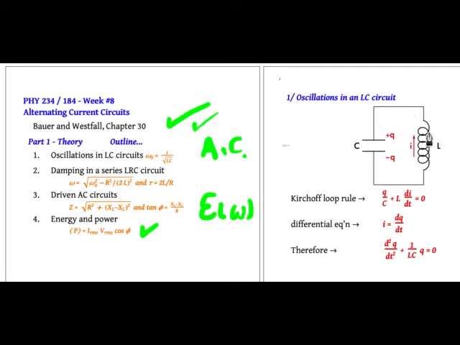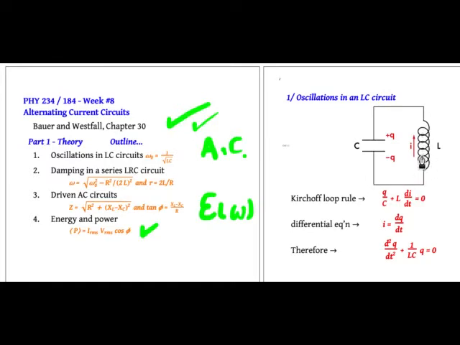Now we can analyze this circuit using Kirchhoff's rules. It's just a single loop circuit, so there's just Kirchhoff's loop rule. If we calculate the change in potential around a closed loop, it'll be zero. So let's start at this point and go around the loop in this direction.